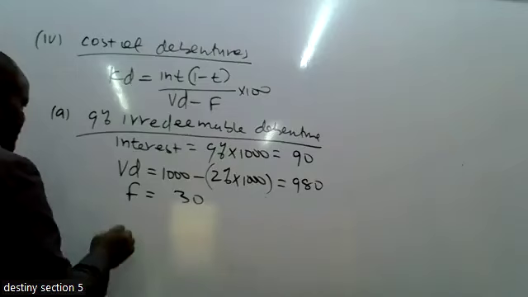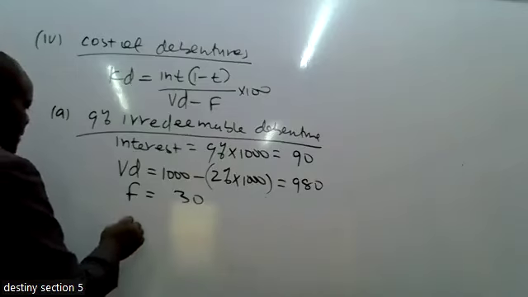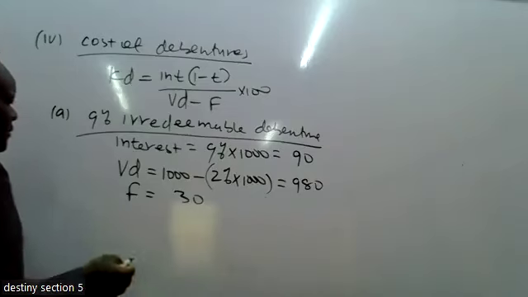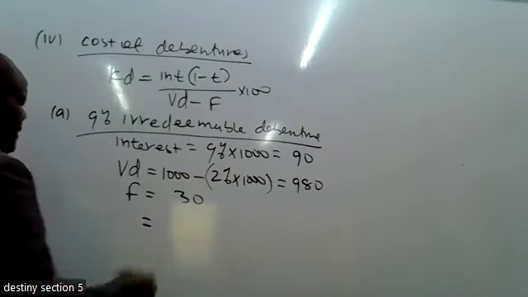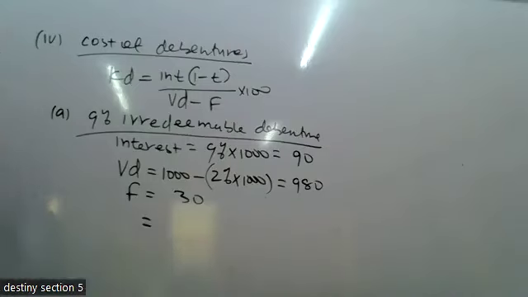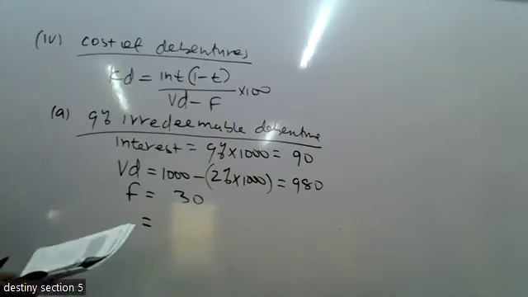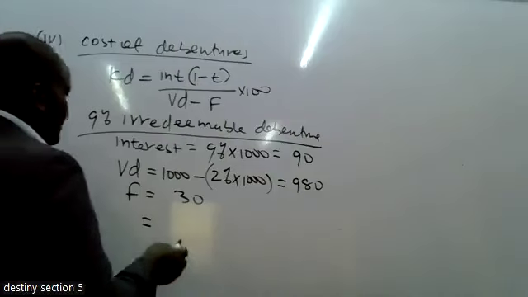Or alternatively, they have done this. They have said that it is also the same as taking 95%. They gave you that it was issued at a net proceed of 95%. So 95% of the par value, which is 1,000, is 950.